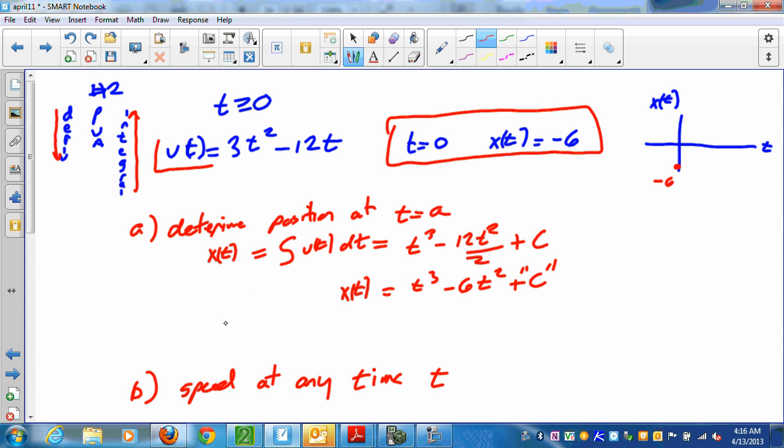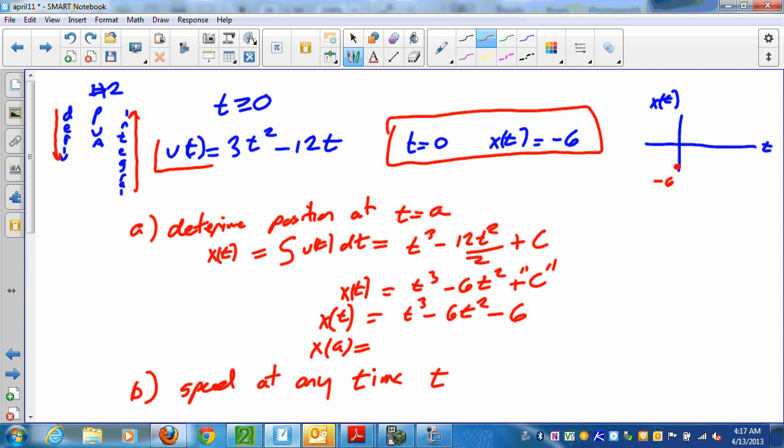Once you know the position function, of course that constant's going to end up being equal to -6. So we have t cubed minus 6t squared minus 6. And that's in general the position of this function at any given time. Well, what we're going to do with this is they want us to find x of a.